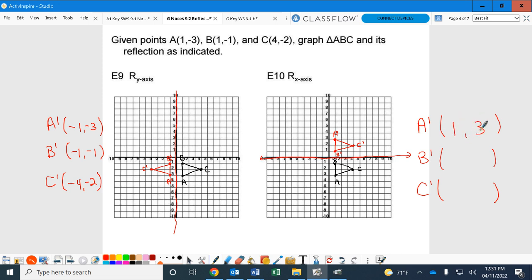For the second one, it's again to the right and up, but you're going right 1, but you're only going up 1. So 1, 1. And then what would the last one be for C? 4, 2. Perfect. Good. Fine. Now those are both the axes. Now we're going to do the two that are actual lines.